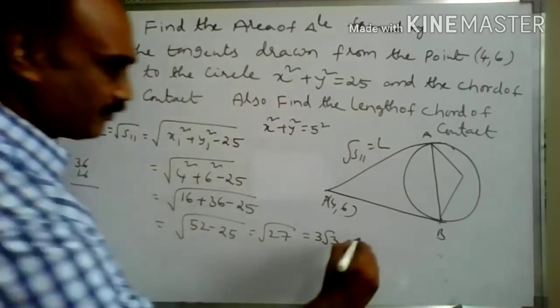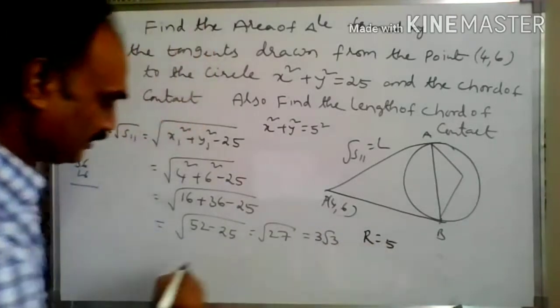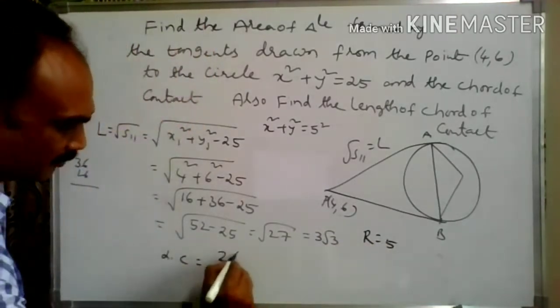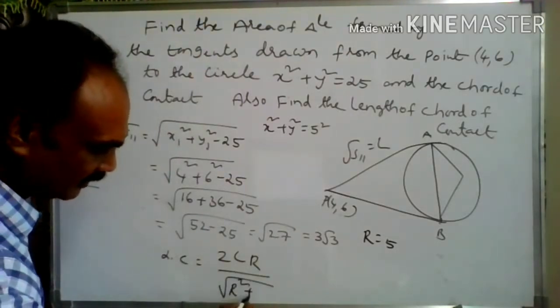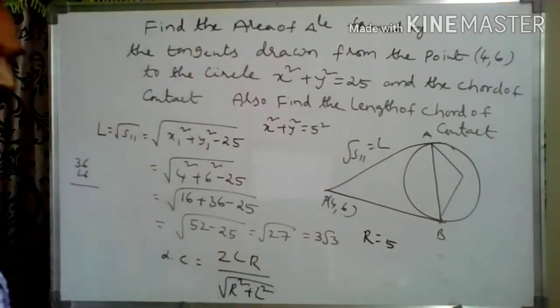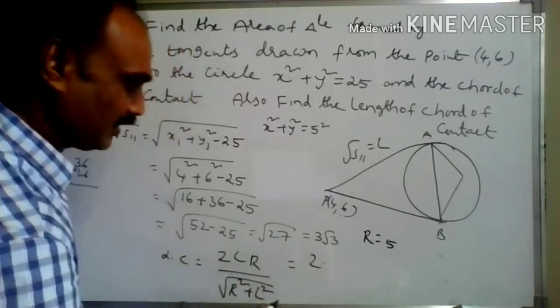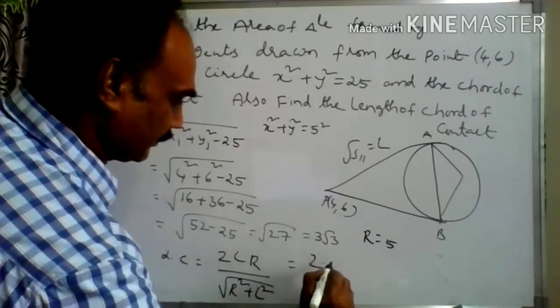Students, radius 5. So length of chord of contact is equal to 2LR by root of R square plus L square. L is equal to 3 root 3.